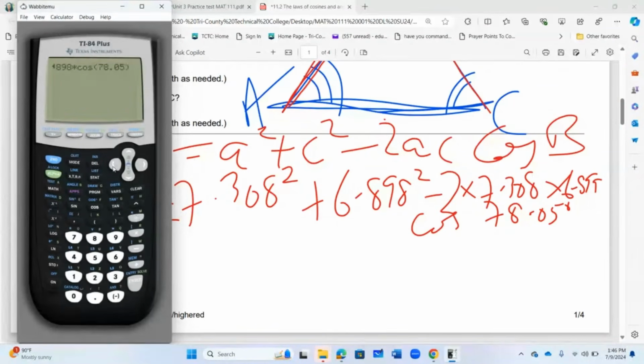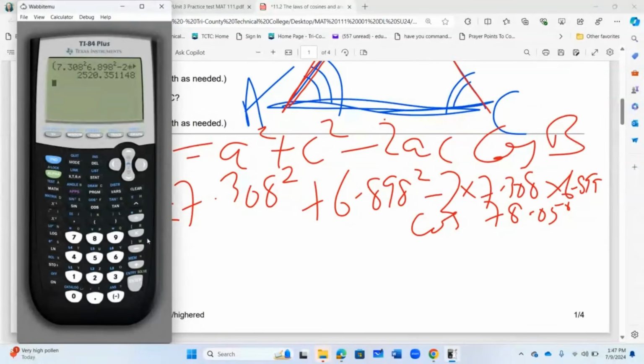And then when I finish, I'll eyeball what I typed in. Human beings make mistakes. If I can catch a mistake now, okay. So then I will hit enter. And that is the big number that I have. Does that really make sense?